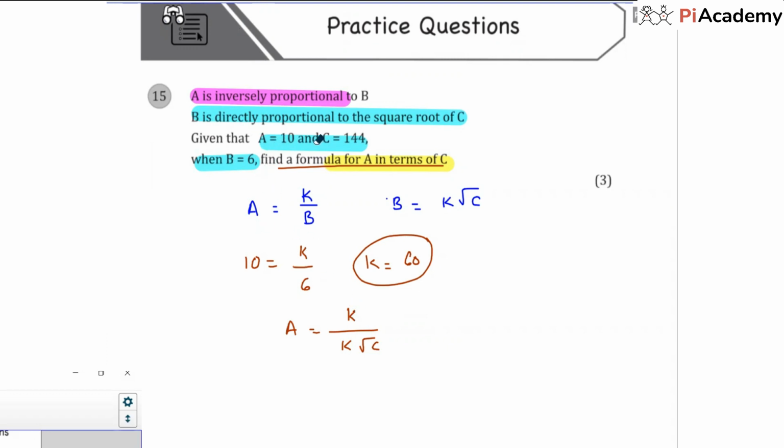B is equal to 6, A is equal to 10, and C is equal to 144. Maybe I'm missing something. Maybe I'm wrong.